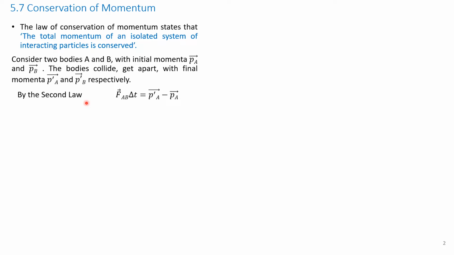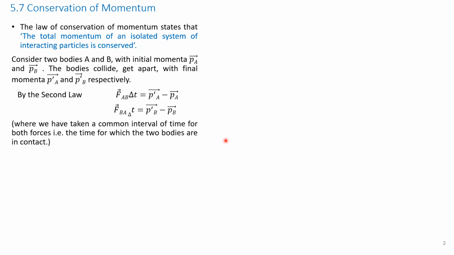By the second law, vector F of A on B delta t is equal to P dash A minus PA. And F of B on A delta t equals P dash B minus PB, where we have taken a common interval of time delta t for both the forces, that is the time for which the two bodies are in contact.